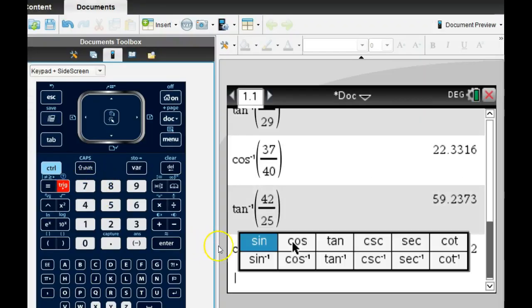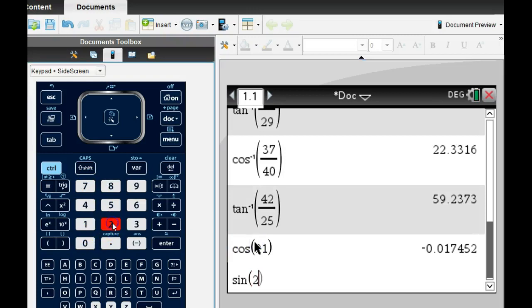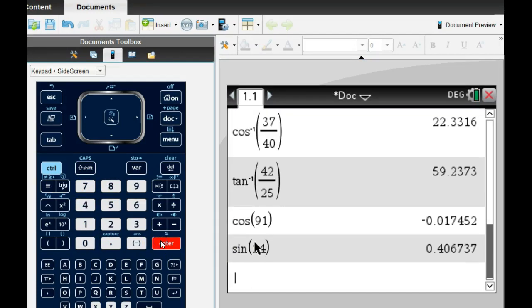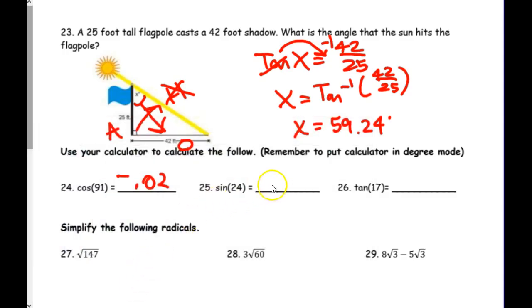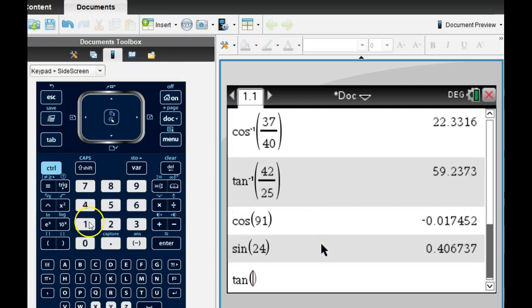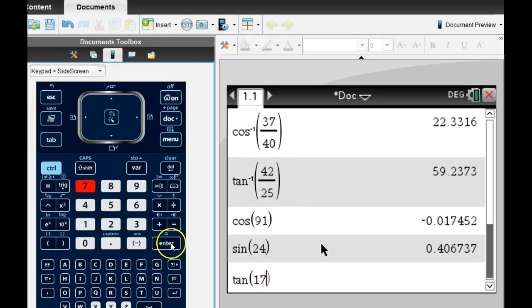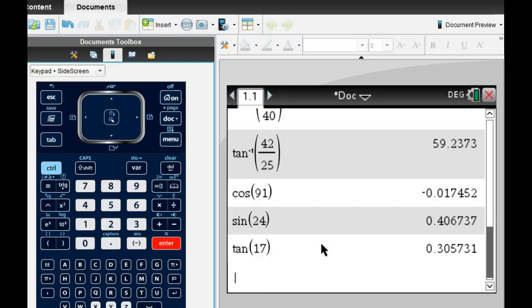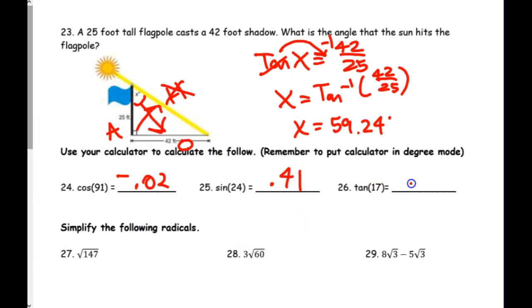So trig, sine 24. 0.41. Okay, 1017.31. And it is in degree mode.